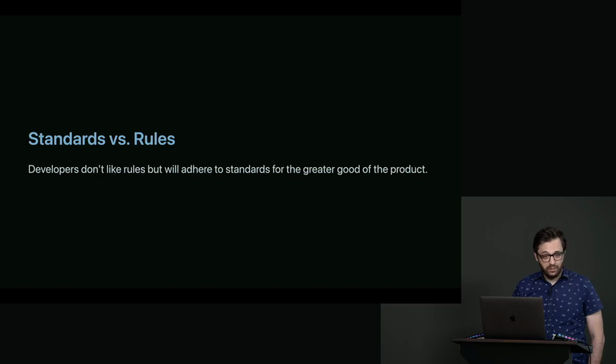I'd have to sit down and be like, okay, cool, where are we failing? What can we do? Whereas somebody who hears that, oh, well, we do this as a rule, may not even bring it up. They may just say, well, this is how we've done things, and we're going to keep it that way. And so, again, I think it's really important to note here that developers don't like rules, but they will adhere to standards.